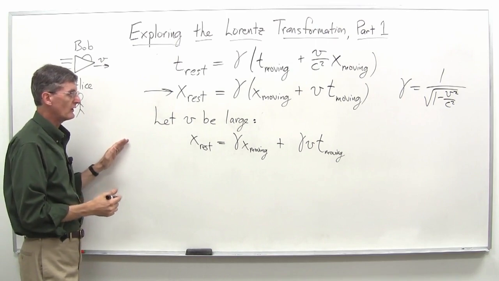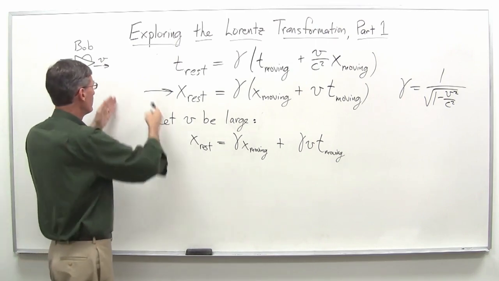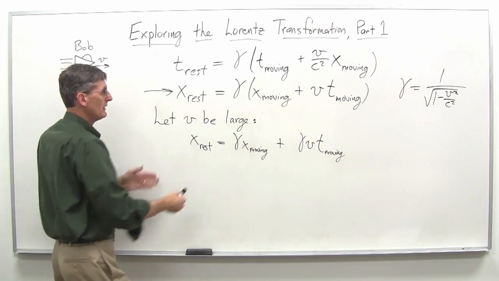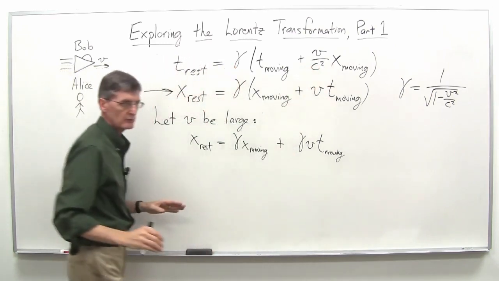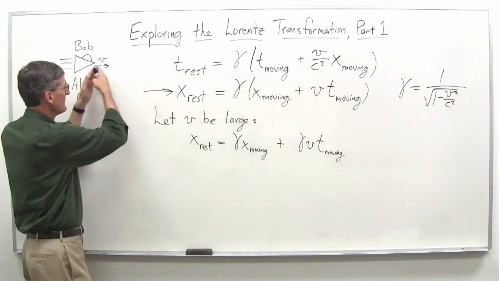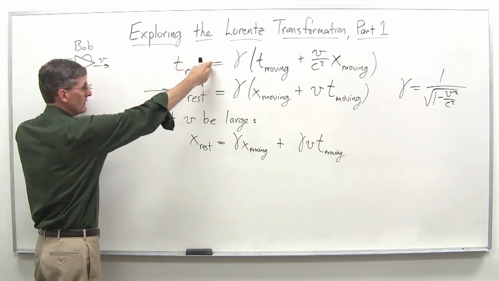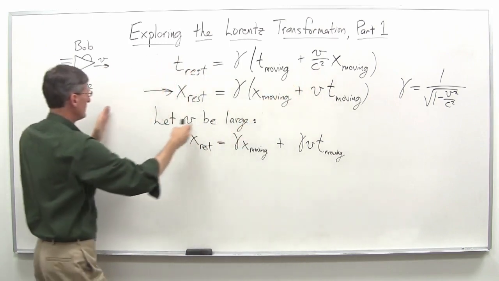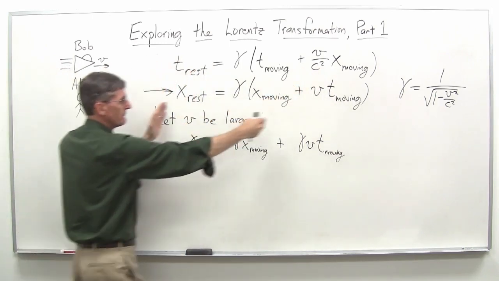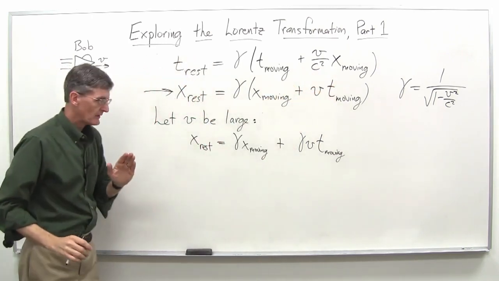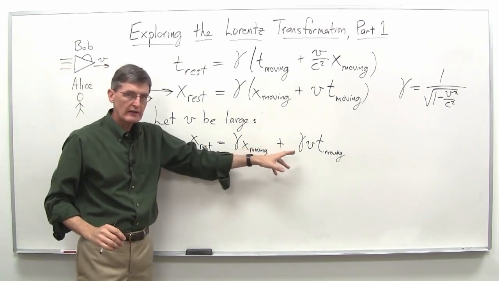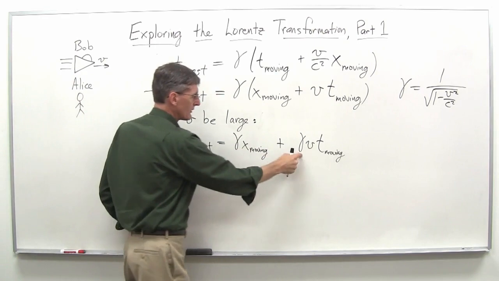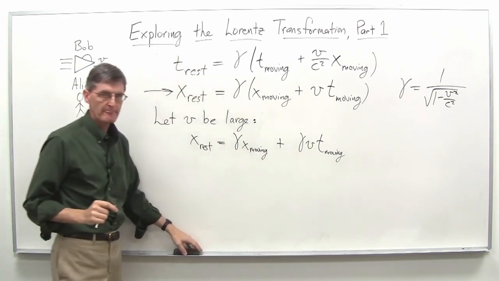Well, it's going to occur, again, the general idea is how far has Bob moved, what time is the measurement being made, and then plus whatever he's measuring out here. We're assuming it's a positive value. So we're assuming he measures it at 23 out here, but in the meantime, he's also moved over here, and so the distance for Alice will be that distance plus that distance. So this looks similar to the Galilean transformation, same concept, except we've got these gamma factors in here.